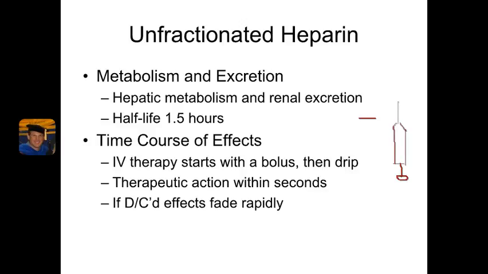The drip is a bag, and you're going to connect that bag up to the patient's IV, and that's going to drip in continuously over time. When you give it IV, the therapeutic action is going to start within seconds, and then again, as we said, when you discontinue it, the effects rapidly fade. Within 30 minutes, most of the therapeutic effect is gone.